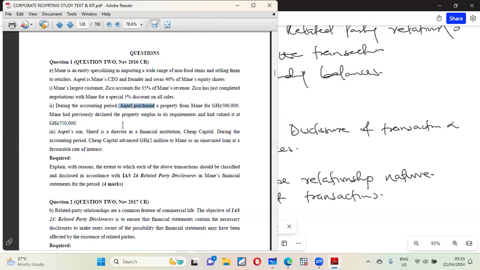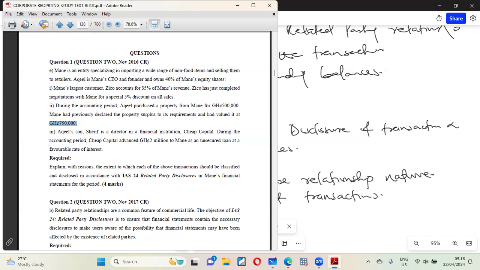So Aquil clearly has a significant influence or is key management personnel. Therefore, you do realize that this is a related party transaction, and the amount must be disclosed. Also the type of relationship he has with Money must be disclosed. Any outstanding balance must be disclosed.